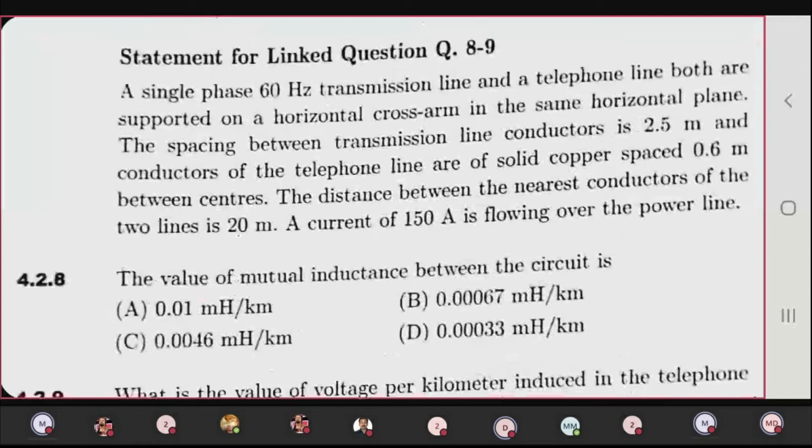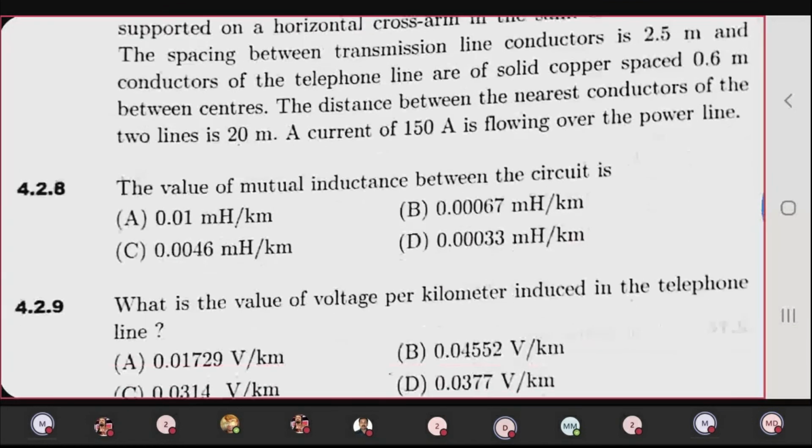Conductors of telephone line are of solid copper, spaced 0.6 meter between centers. The distance between nearest conductors of the lines is 20 meters. A current of 150 amps is flowing over the power line. So two questions we have to solve based on this data.